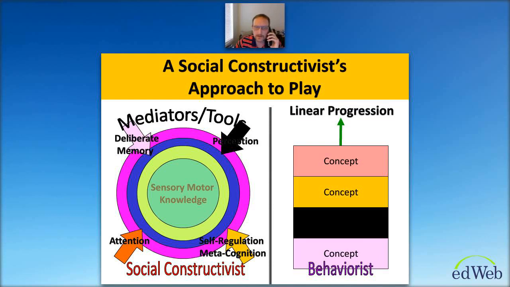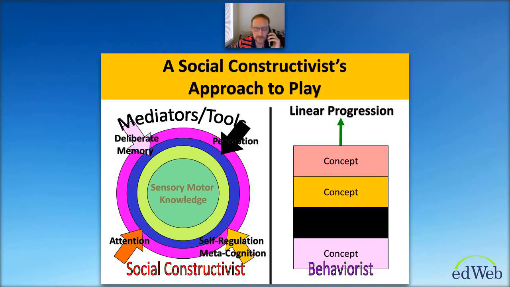So again, I use this screen here to talk a little bit about comparing social constructivism to behaviorism. From a behaviorist standpoint, the way they approach learning is that you just learn a concept, and then another concept, and another, and it's just cumulative. From a social constructivist point of view, however, it isn't just learning concepts, there's something about the process of learning itself that's significant.